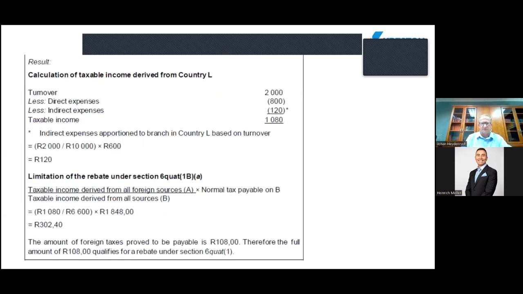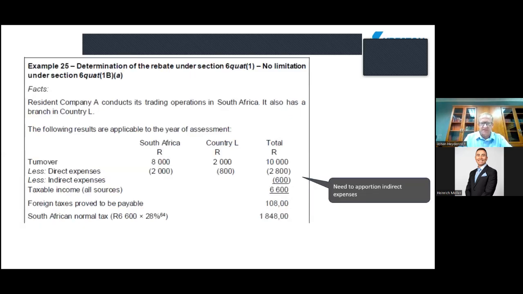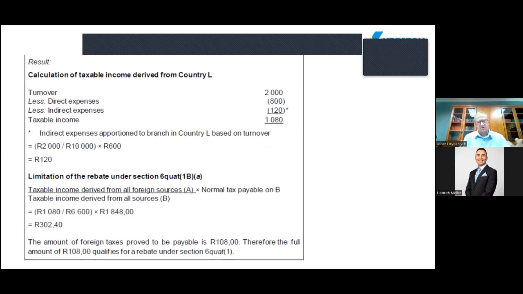So how do you do your calculation? You've still got to do taxable income derived from foreign sources. And as you can see there, your taxable income from foreign sources is the 2,000 minus the direct expenses minus a reasonable allocation of the overheads. Overhead is 600. So in this case, SARS says let's base it on turnover. It's not law.